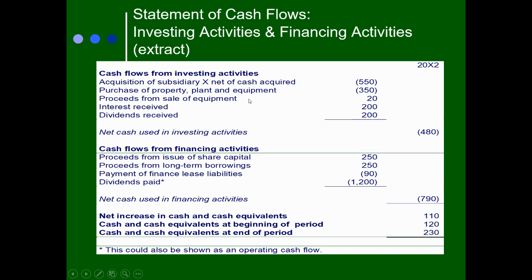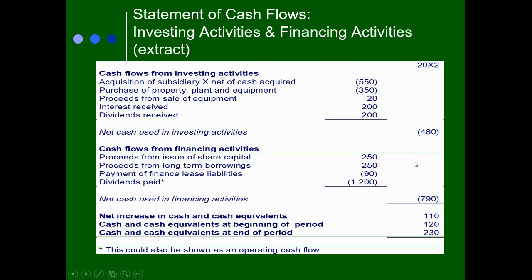So this is received from outside the company. Dividend received and interest received are inflows from your investment activities. But if it requires any payment out to others, it's under operating.